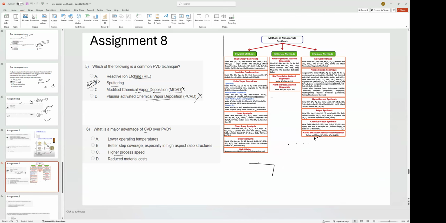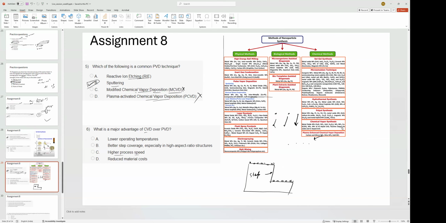Suppose you have your step. In PVD, small chunks will come and sit over these places. They'll mostly all come parallel to each other. However, this step is uncovered. There's no deposition happening here.